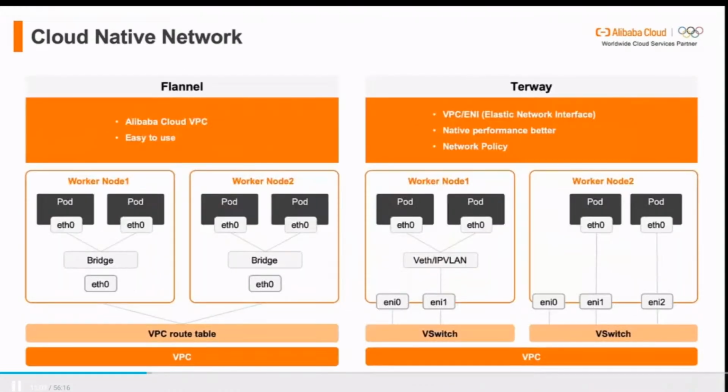After you create a Kubernetes cluster, you can select either Terway or Flannel as the network plugin. Flannel is a simple and stable container network interface. It is developed by the community. When combined with Alibaba Cloud VPC, Flannel provides a high performance and stable container network. However, Flannel only provides a few simple features and does not support standard Kubernetes network policies.